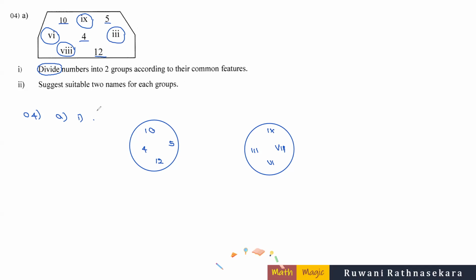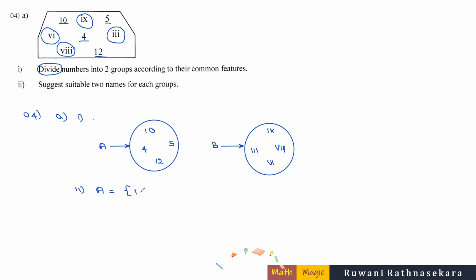You can do it this way. If you name this group as A, this group as B, please follow that way. You can write the description for A and B in brackets like this. If you write a description, you can write it within curly brackets, right?